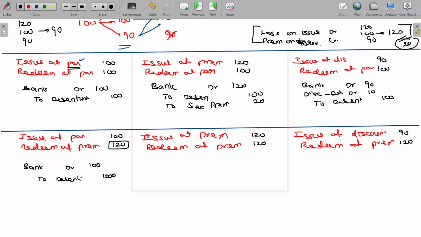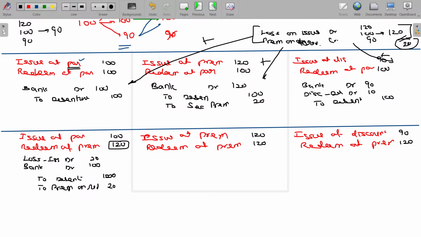You can either pass that entry separately or incorporate it as a single entry here: loss on issue of debenture account debit to premium payable on redemption, value being 20. So, with that existing journal entry, you add this additional entry when you are supposed to redeem at premium.